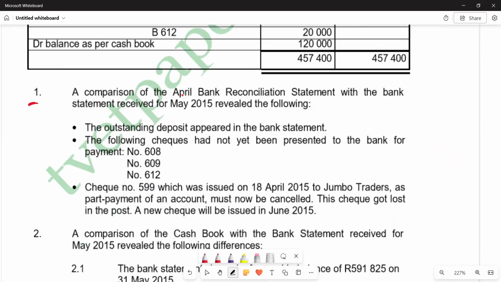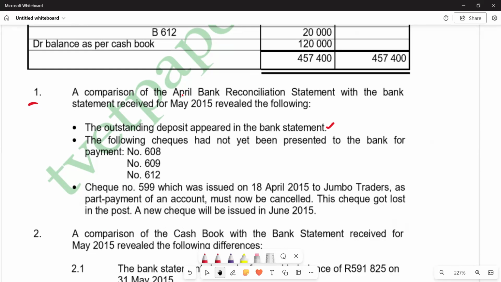It reads, a comparison of the April bank reconciliation statement with the bank statement received for May 2015 revealed the following. The first one is saying the outstanding deposit appeared in the bank statement. What it means is that we have the outstanding deposit from the previous period, and it is being said it now appeared in the recent bank statement.